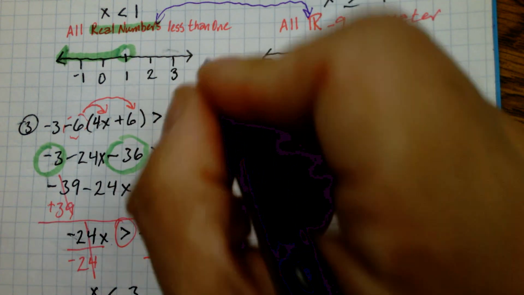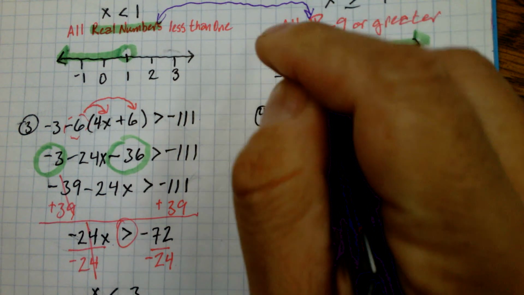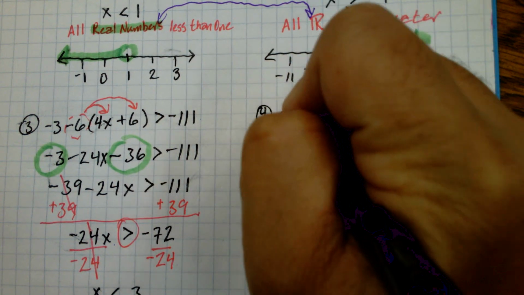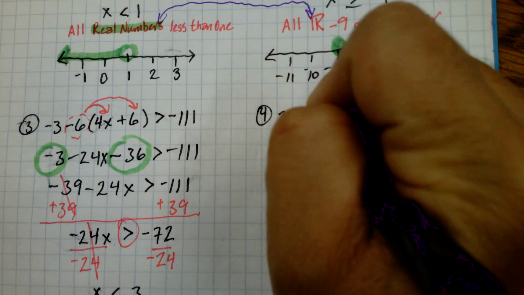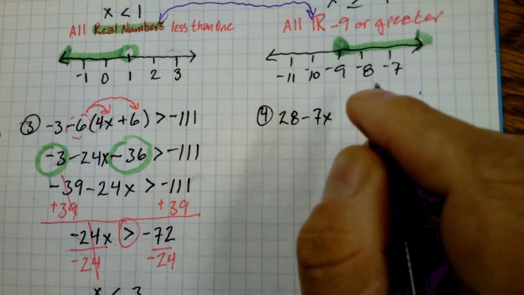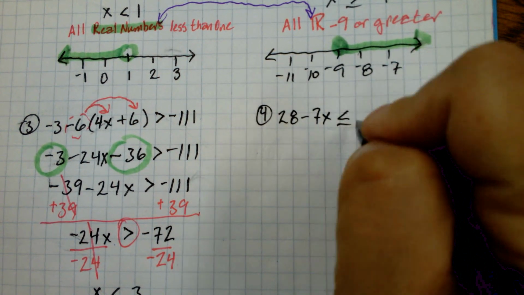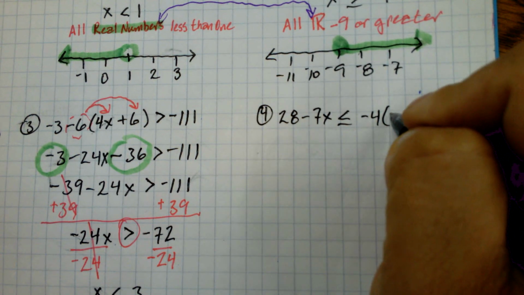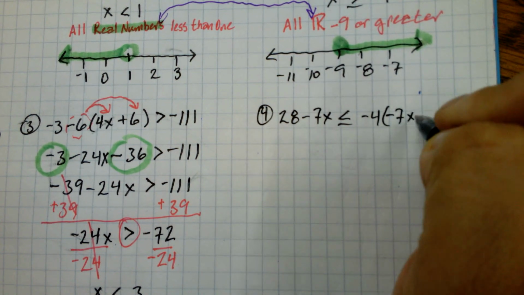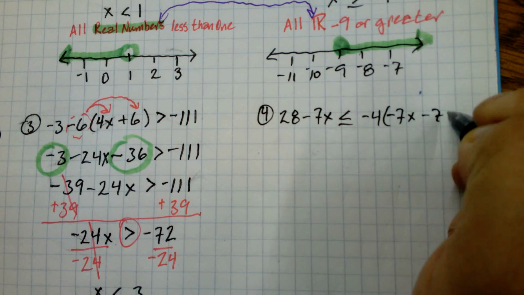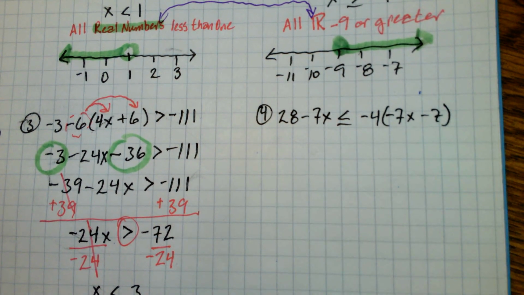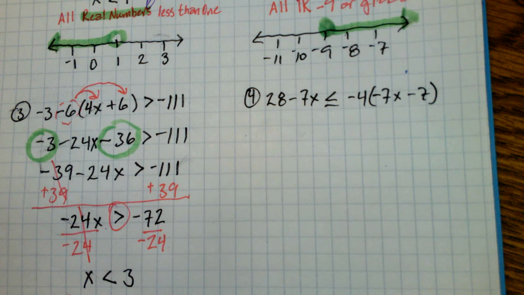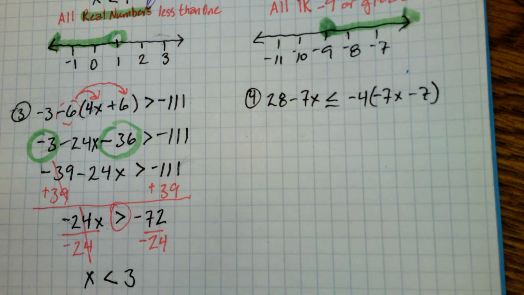Number 4. 28 minus 7x is less than or equal to -4 parentheses -7x minus 7. Okay, go ahead and write that down. This will be the last one. And we do have variables on both sides.